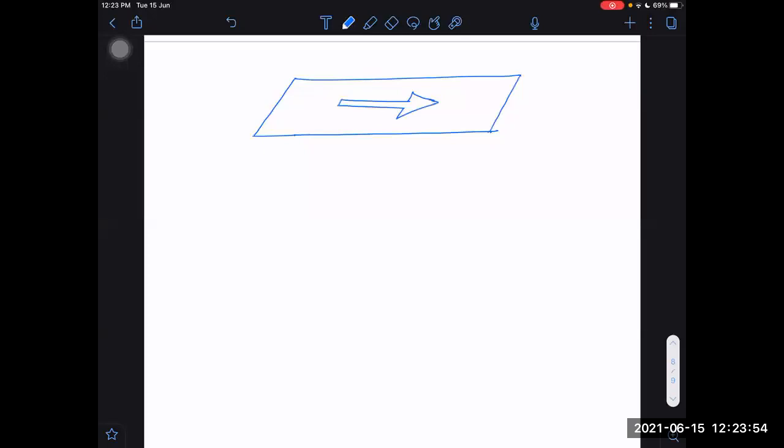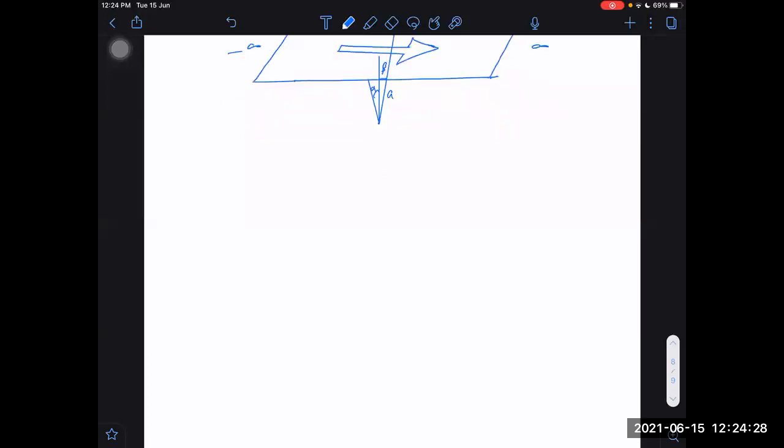It is an infinite sheet, from minus infinity to plus infinity. Can we find the field due to this at a point which is at a perpendicular distance from it? If I take perpendiculars to one side and the other side, the angles are alpha and beta.